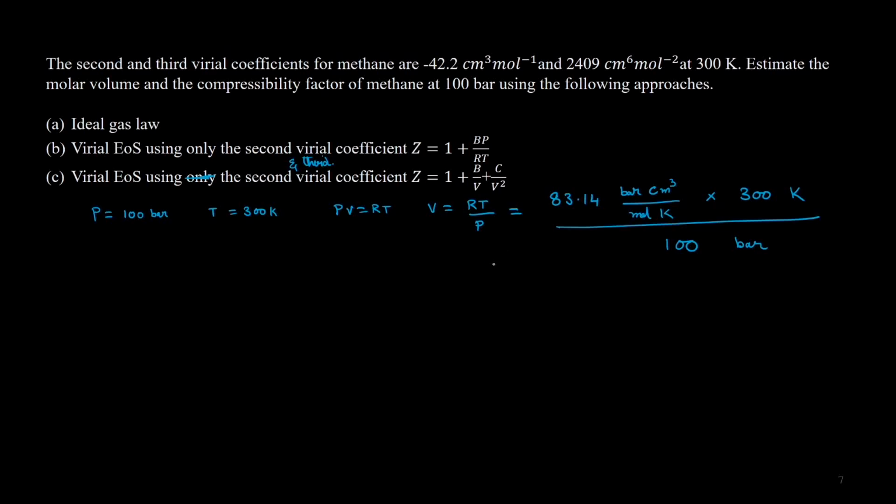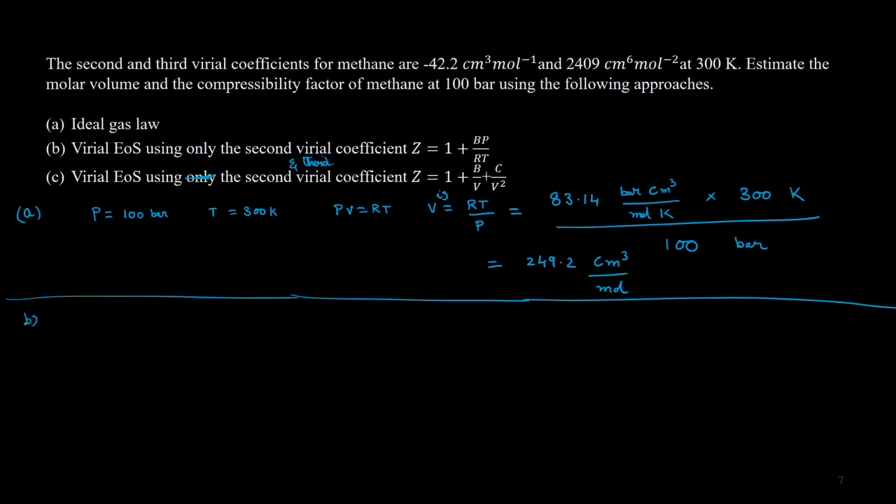If we simplify this number, and let's call this the ideal gas volume, V_IG, what I get is 249.2 cm³ per mole. This is case A.